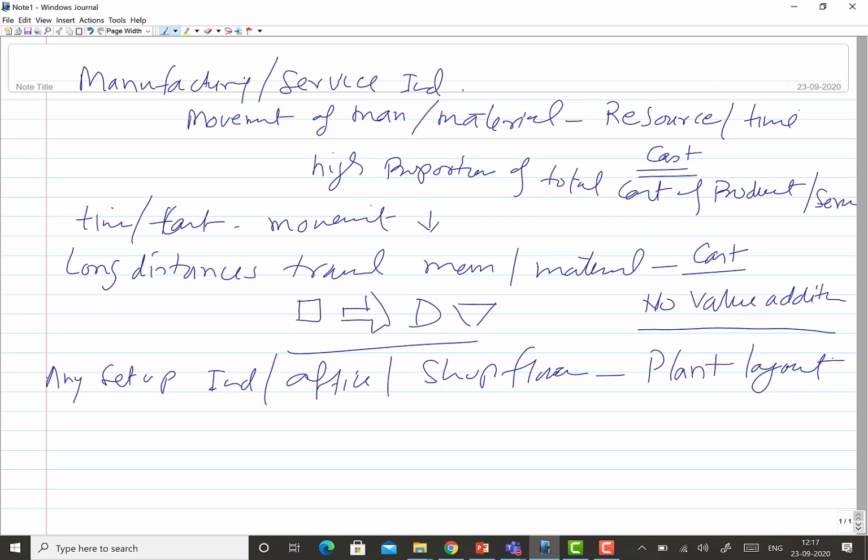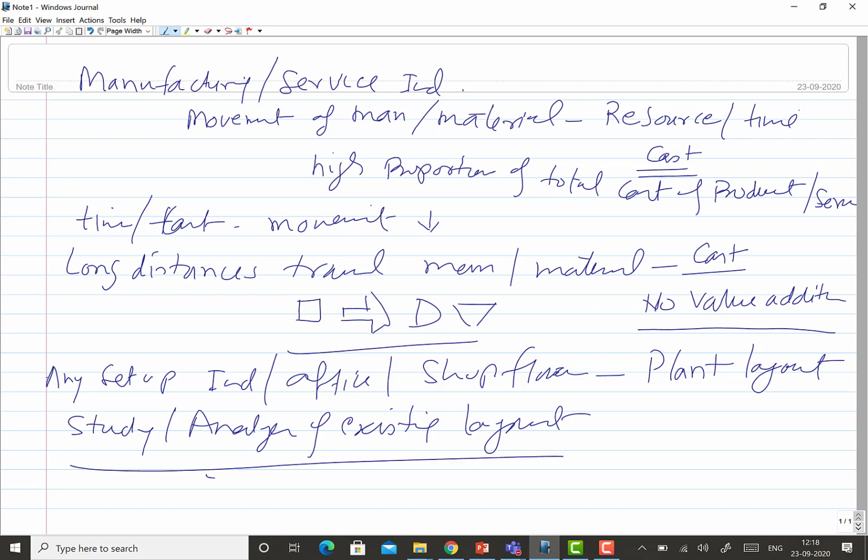So if we have to cut down the time or resources involved in movement of man or material in any way, then the study or analysis of the existing layout becomes important for making any kind of change or reducing any kind of movement. And whenever this is done, a systematic approach for study of the layout has to be made.